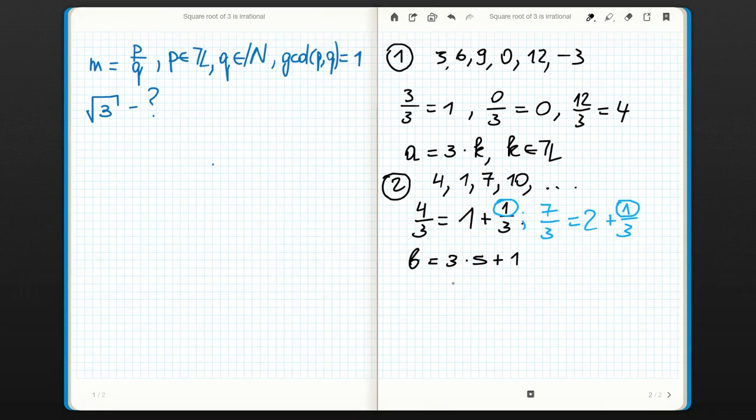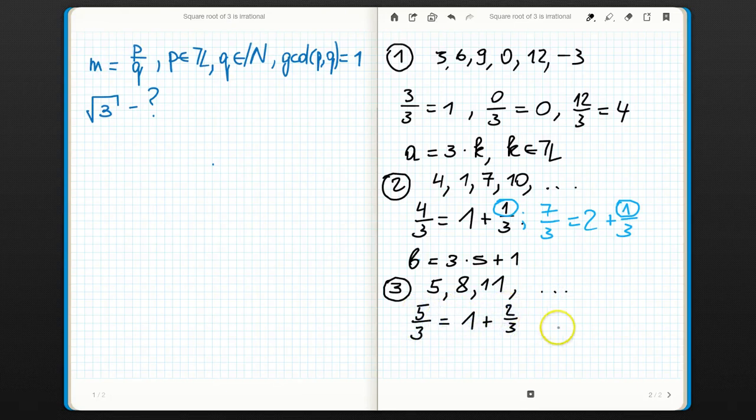And the third part are the numbers not divisible by 3 with a remainder of 2, for example 5, 8, 11, and so on. You divide 5 by 3, you get 1 plus 2 thirds, so 2 is the remainder. You divide 11 by 3, you get 3 plus 2 thirds.